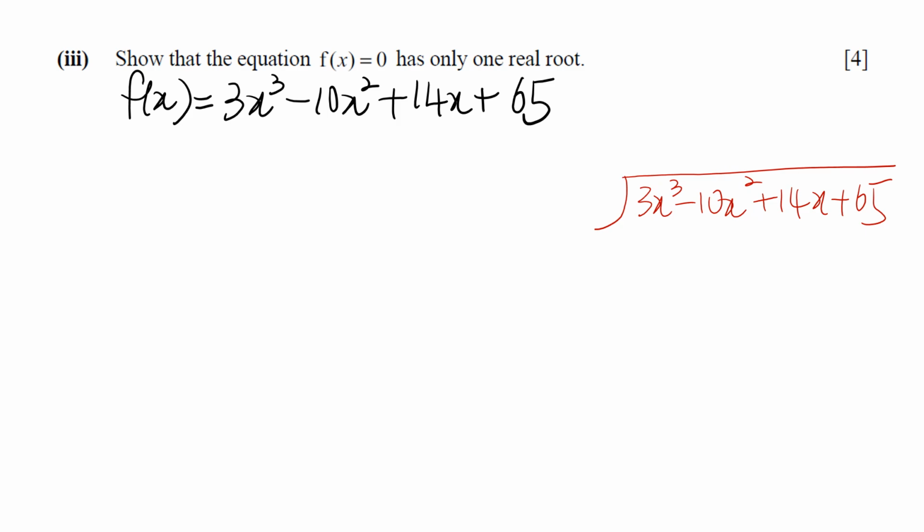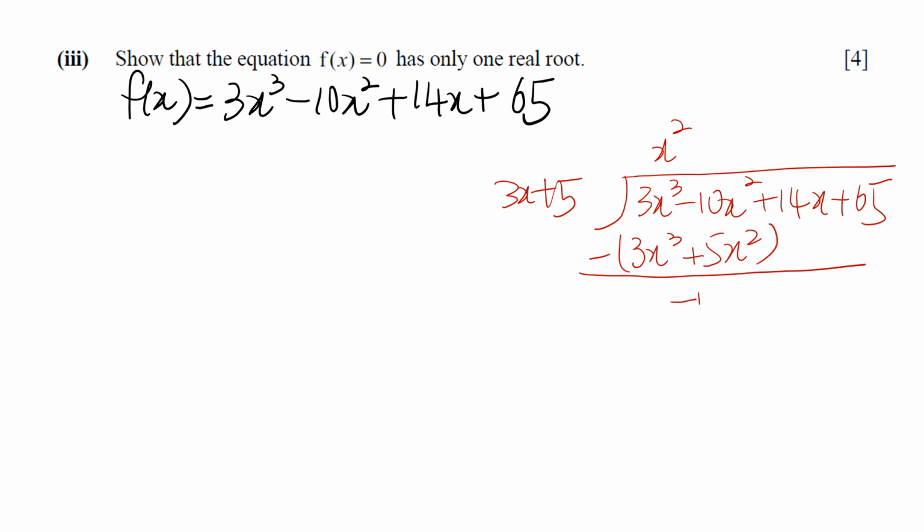So you're going to divide by 3x plus 5. So I can multiply it with x squared. Okay, and that will give me negative 15x squared plus 14x. Multiply with negative 5x.